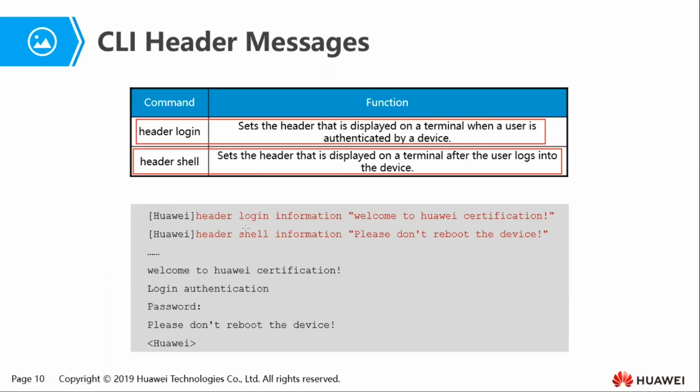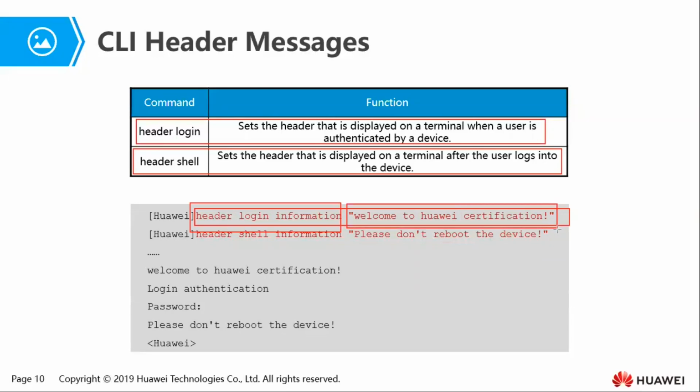So for example, here we've set the header login information using that command, header login information. Then we need to use a delimiter colon, and in between we type the message that we want to be displayed. So for example, here we've typed the message, welcome to Huawei certification.